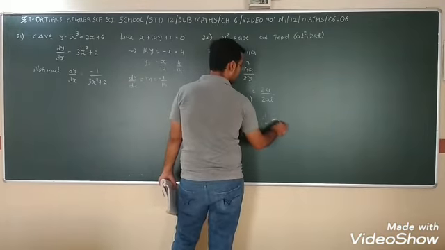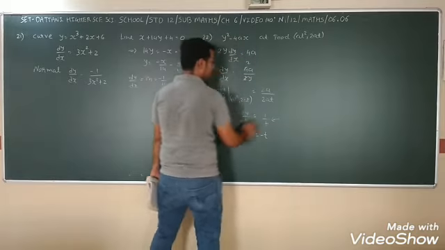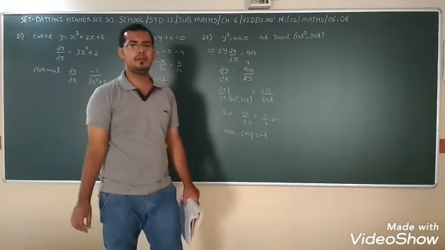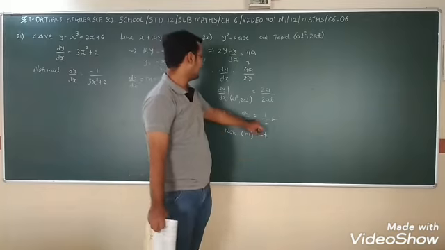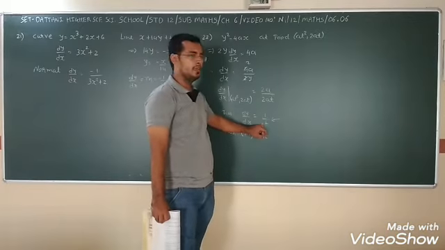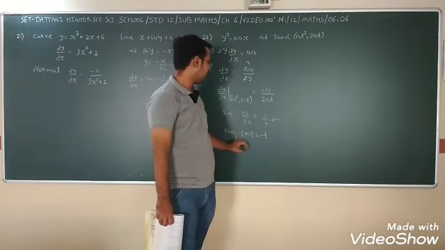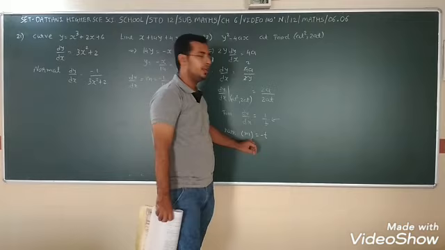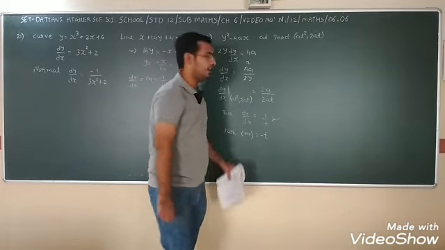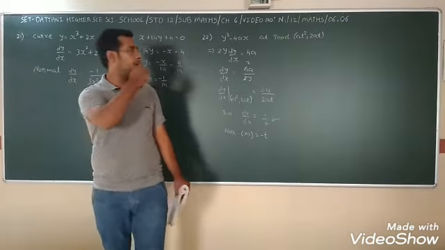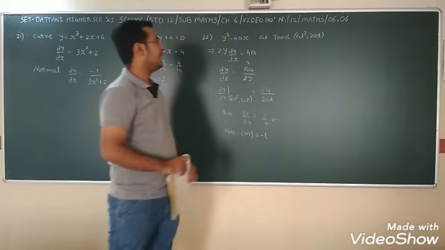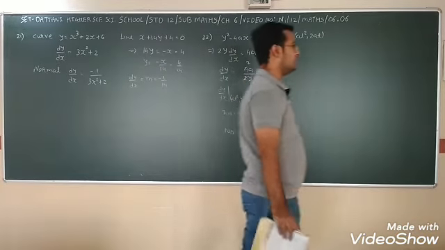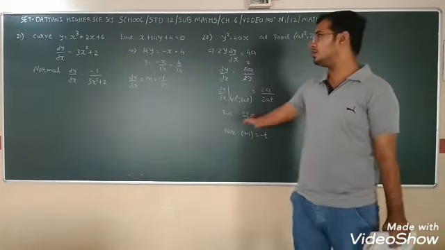So that is your slope, and the point is already given, so putting it in the equation y minus y0 is equal to m into x minus x0. If you take the slope 1 by t, you get the tangent equation, and if you take minus t, you get your equation for the normal. Okay, you have to perform the next steps yourself. I have already given the method to you, so you can easily solve this sum.